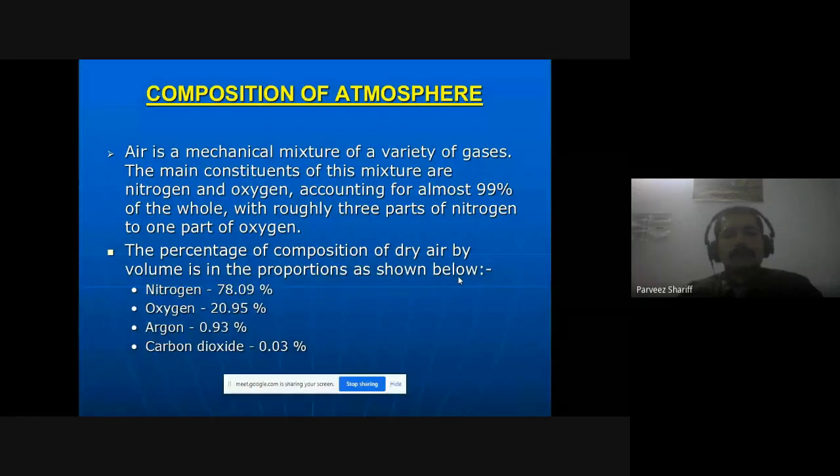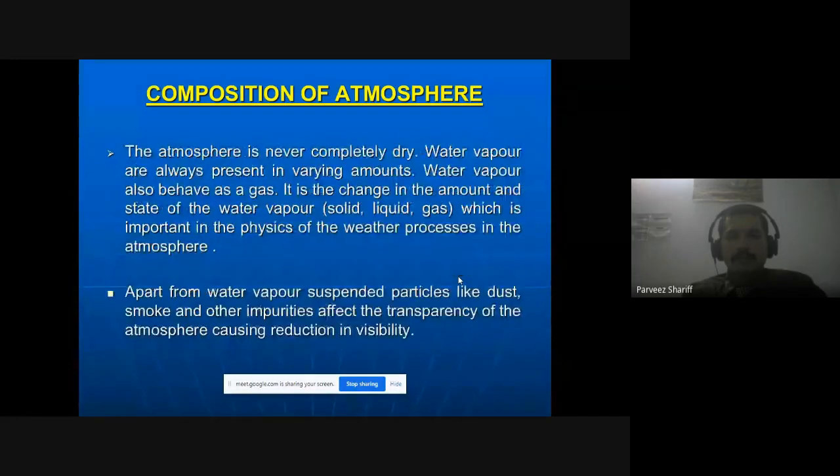So 99% of the atmosphere is occupied by nitrogen and oxygen. In that 99%, three parts are nitrogen and one part is oxygen. Have you all noted? Nitrogen is 78.09%, oxygen is 20.95%, argon 0.93%, carbon dioxide is 0.03%.